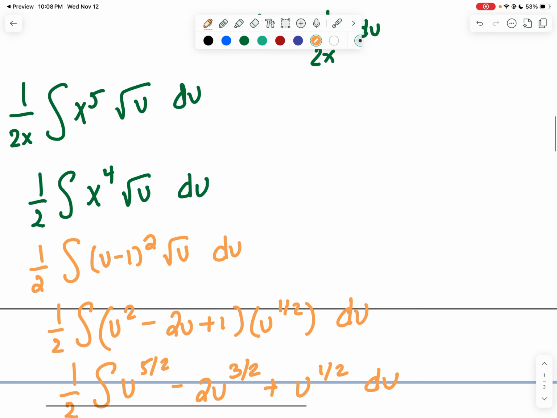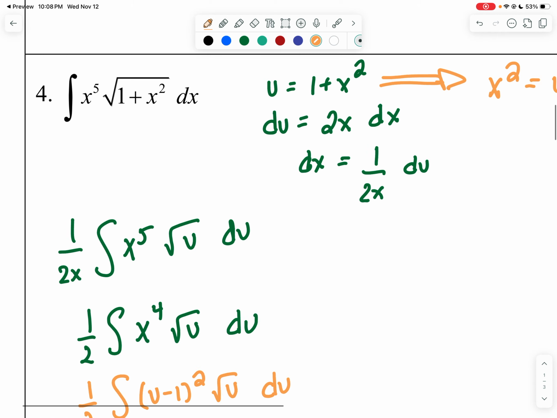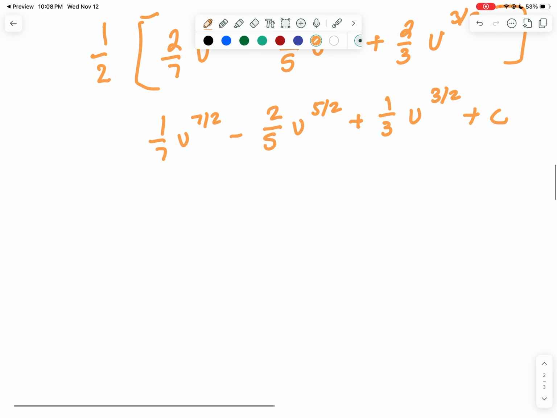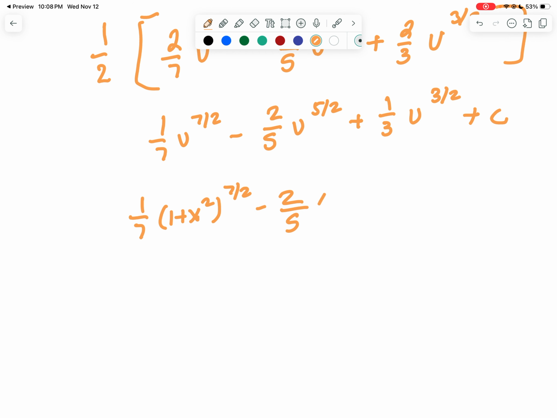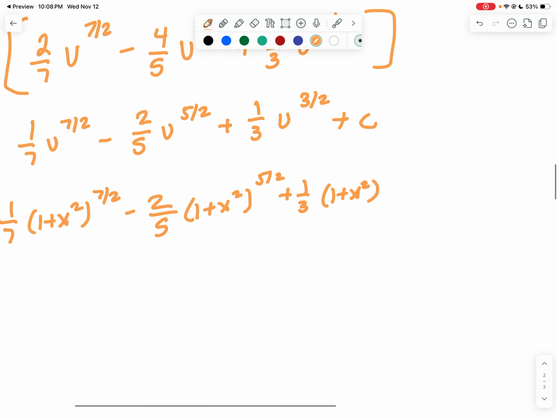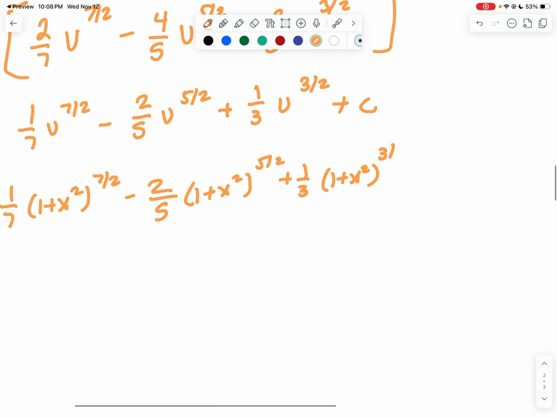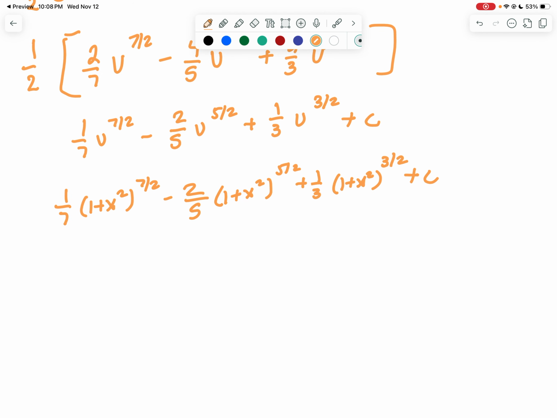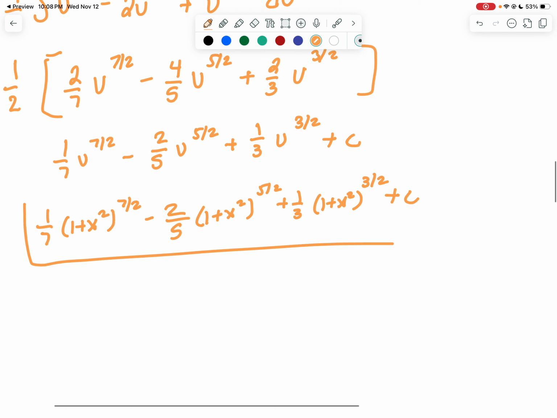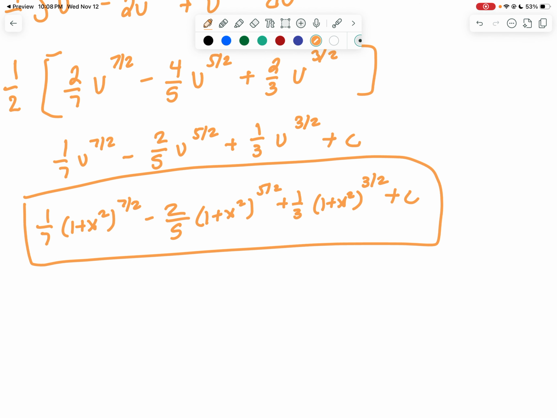And then u was 1 plus x squared. So if I did my math correct, I don't have my enter key on me right now, so hopefully this is correct. We get this mess right here. I know.